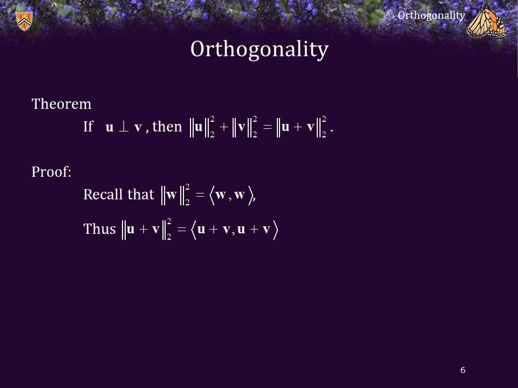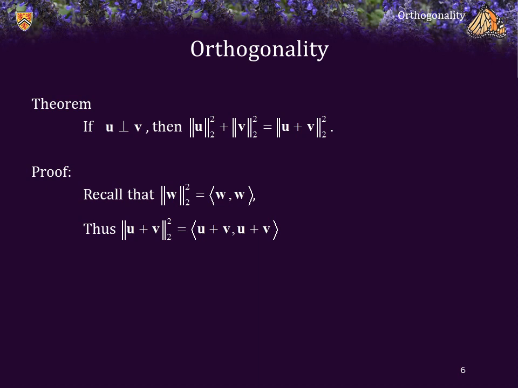Thus, the norm of u plus v squared is equal to the inner product of u plus v and u plus v. Okay, now remember that the inner product is bilinear.